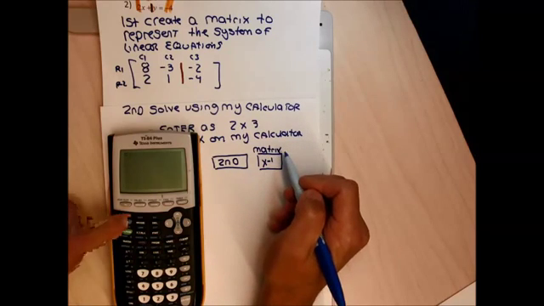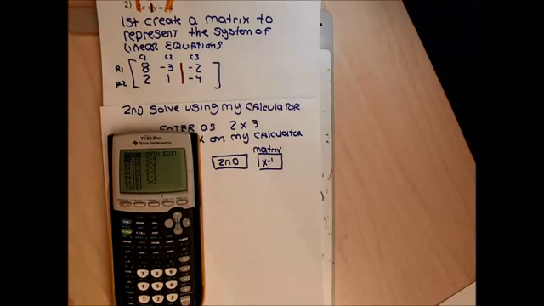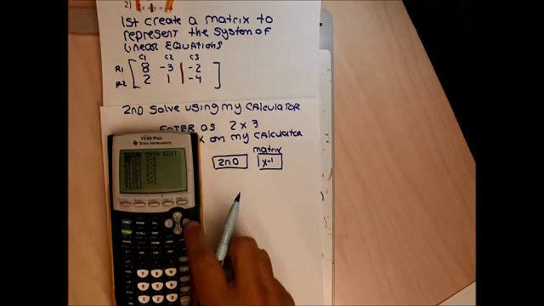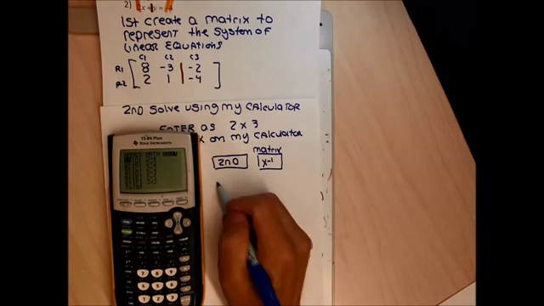So I hit the blue second and then the matrix key. And in order, there's 3 kind of headings, names, math, and edit. We'll eventually use all 3 headings going from right to left. The first heading I need to use is edit. So I'm going to arrow over next to say edit.